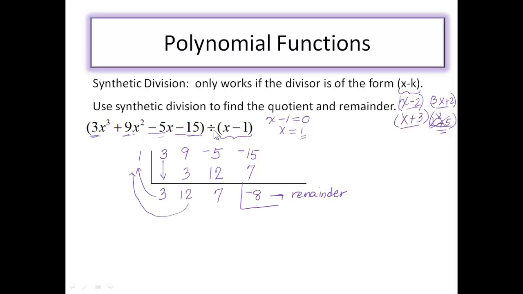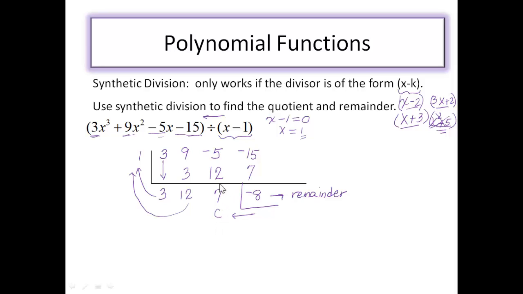Notice that when we go from right to left, the first number I encounter in the standard form of a polynomial is my constant term. So the first term I'm going to encounter when I move from right to left here is my constant term.